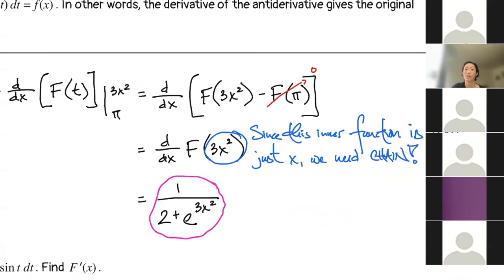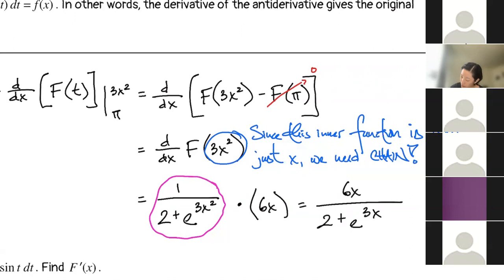Okay, we need that chain rule piece. And so to get the perfect answer, we would just go ahead and multiply, not by 3x squared, but by that derivative, which will give us 6x. And maybe one simplification, if you wanted, would be 6x over 2 plus e to the 3x squared. Okay.